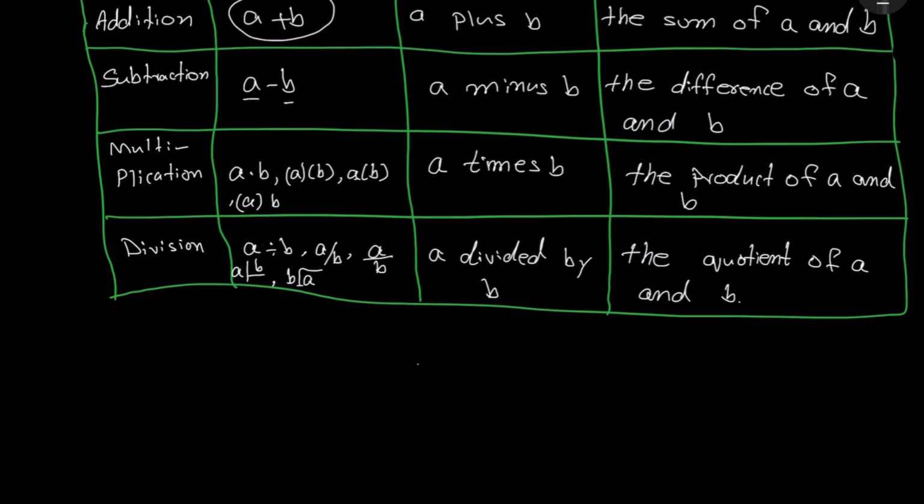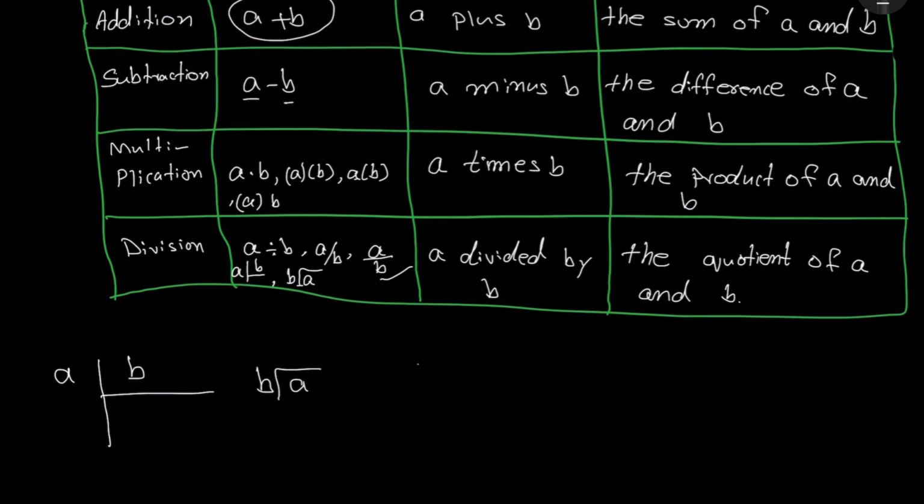Division, we can write it this way: A divided by B, or A over B. Some people write it like that, some people write it like this. In Asian books, particularly in Afghanistan, they write division this way, while in the US we write it the other way.